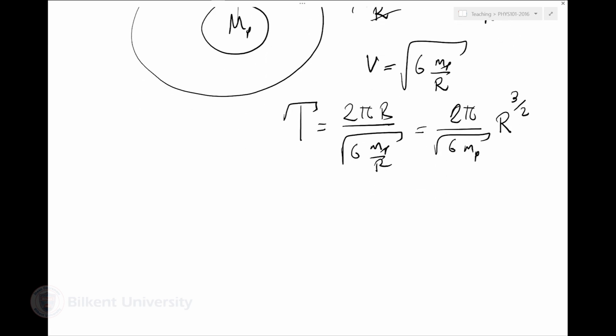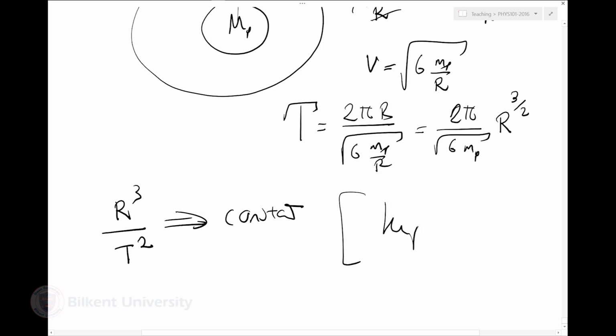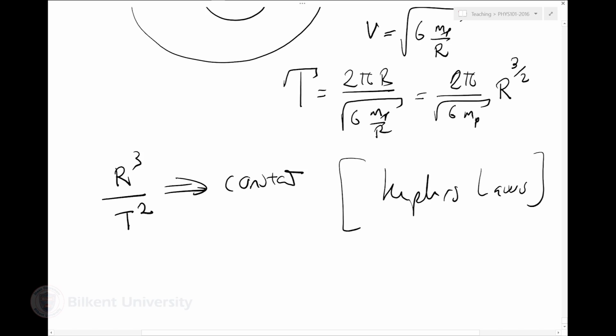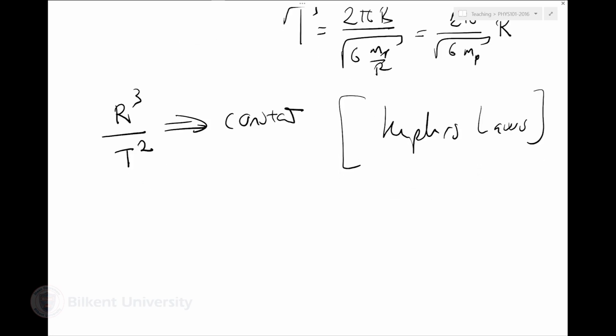Or we wrote this in a different way. We said r cubed over T squared is a constant which only depends on the mass of the planet and Newton's gravitational constant. That was one of Kepler's laws. What were the other two Kepler's laws? The other one was elliptical orbits.